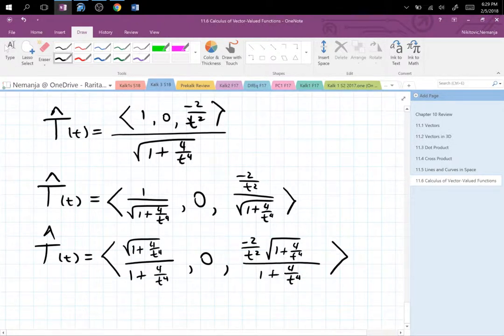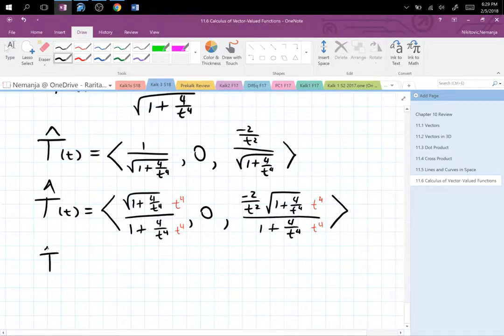Now you have double fractions everywhere. You will multiply numerator and denominator by t to the 4th to eliminate the double fraction. And that should give us good form.